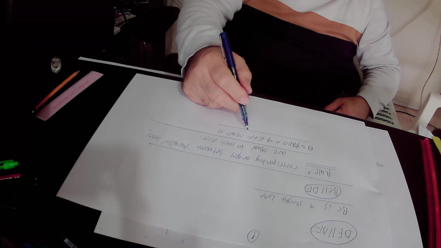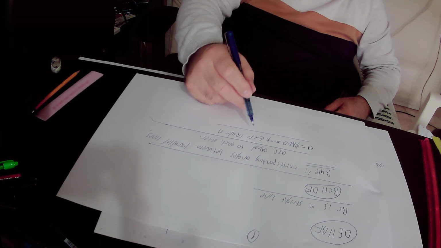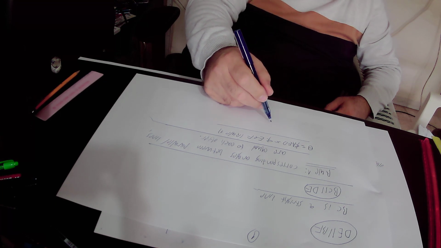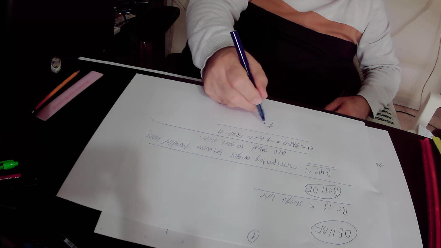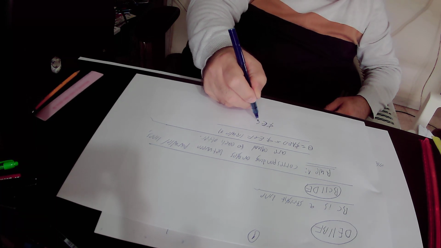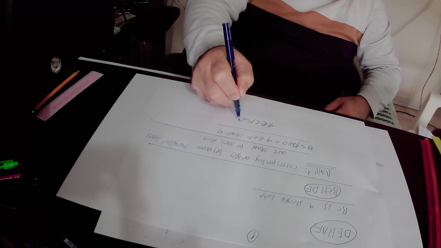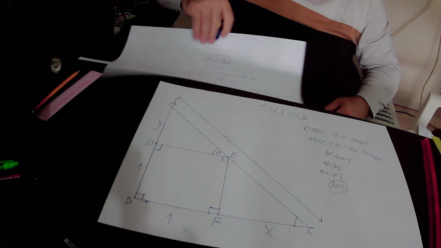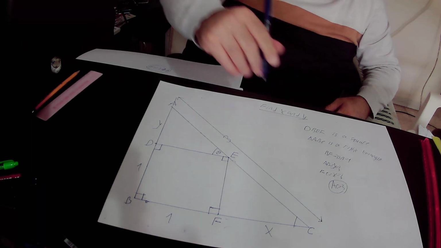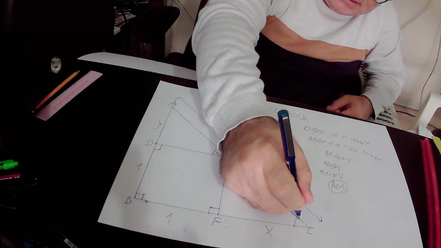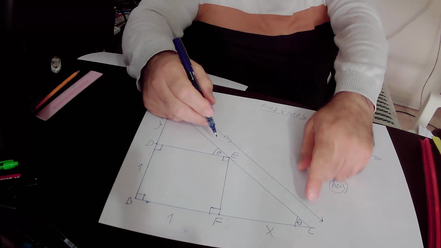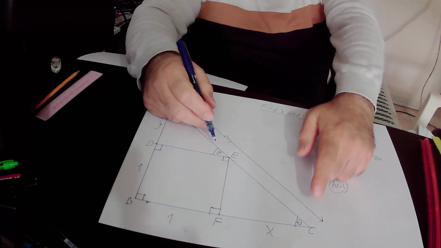From this equation, theta equals AED equals ECF, we derive that angle ECF also equals theta. So those two angles are equal to each other, they are both equal to theta.